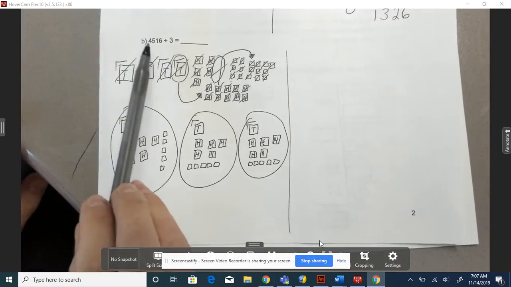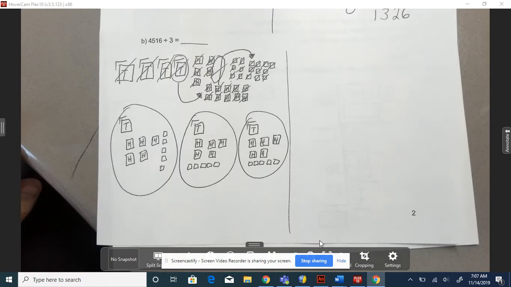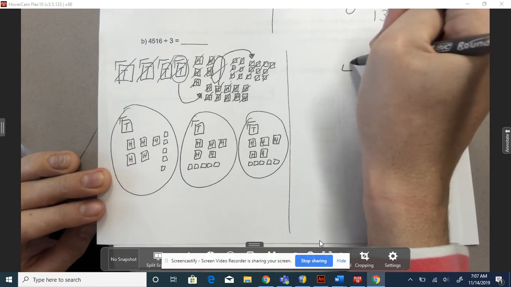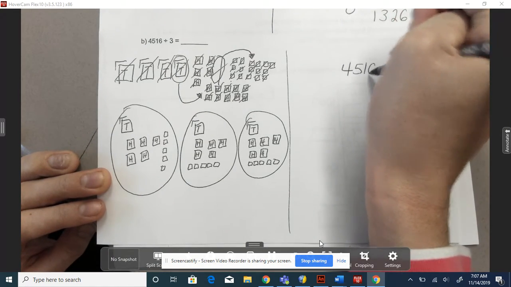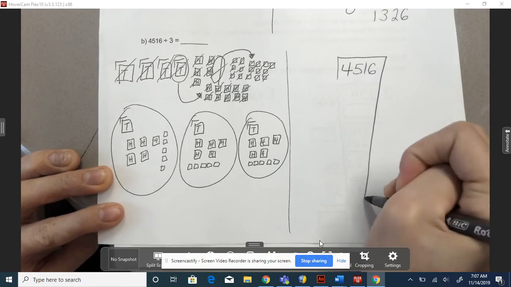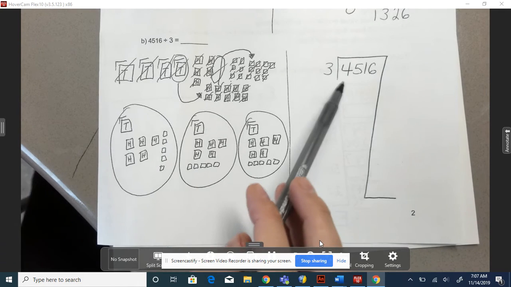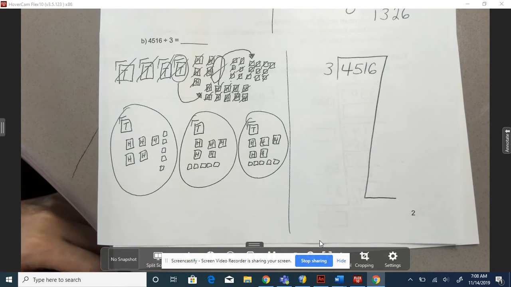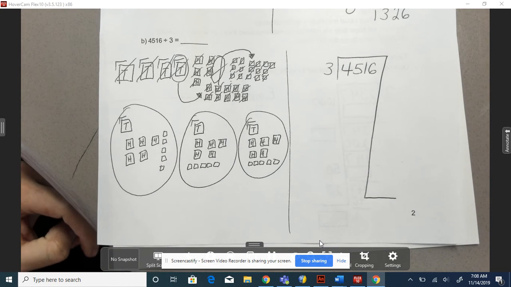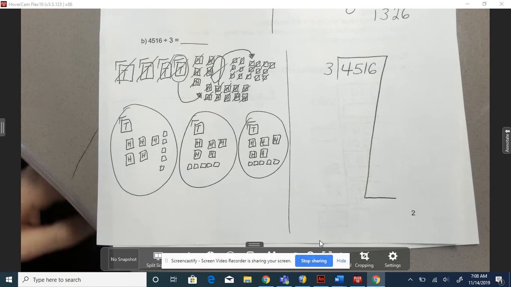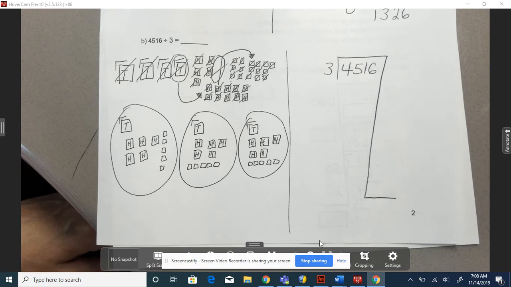I'm going to start with 4,516 divided by 3, right? That is my partial quotient. Well, let me think. I see I have 4,000s, but when I'm thinking of my basic facts, 3 times 1,000 is 3,000. 3 times 2,000 is already 6,000. That's too much.